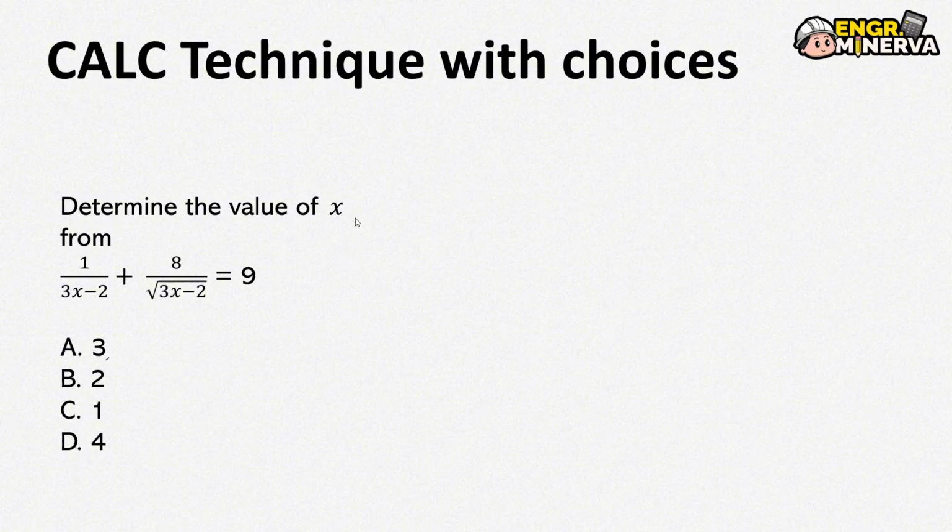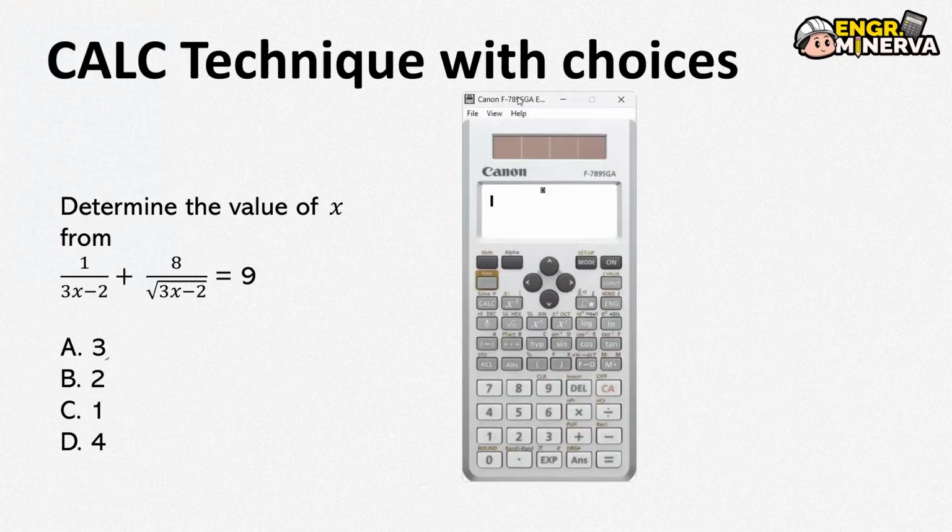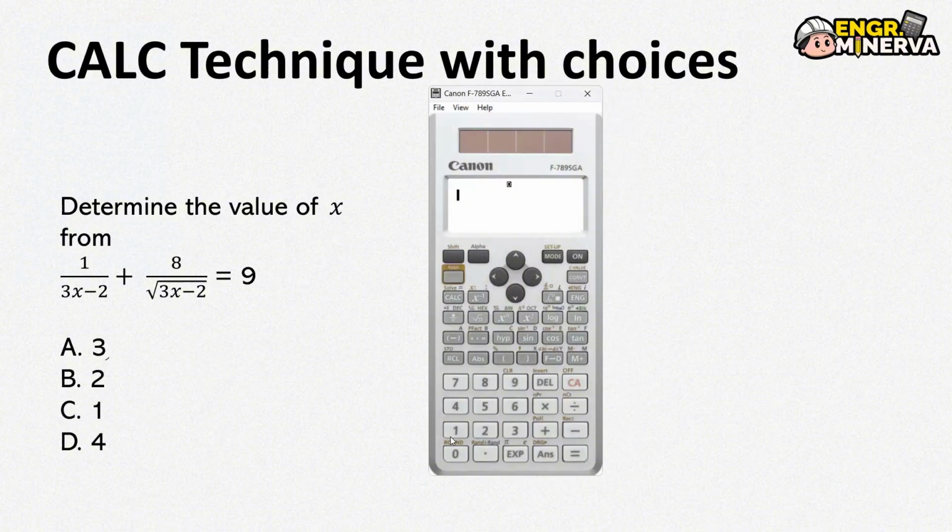So first, what we need to do is input the left side of the equation on our calculator. Take note that if we are using the calc technique, we are not inputting the equal sign because we are checking if both sides of the equation are the same or similar.